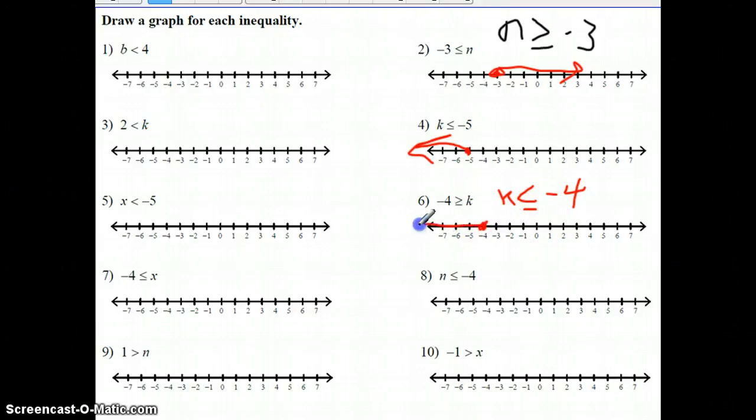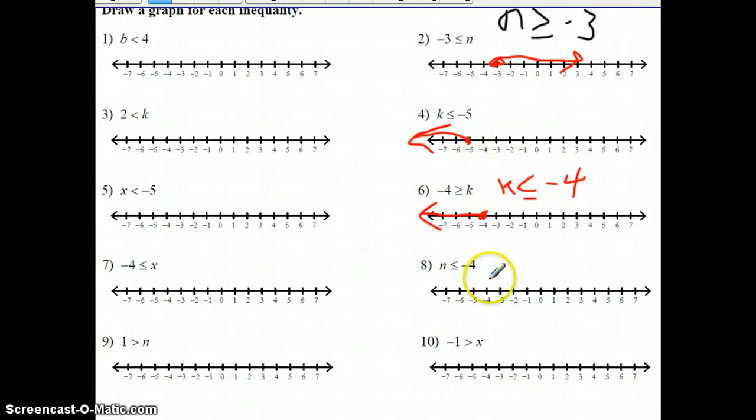We want our arrow pointing in the direction of our inequality sign. n is less than or equal to -4. So again, that's pretty much the same one we just did. Make sure you have a closed circle. It's hard to draw this with my mouse. And then here again, we've got -1 is greater than x.